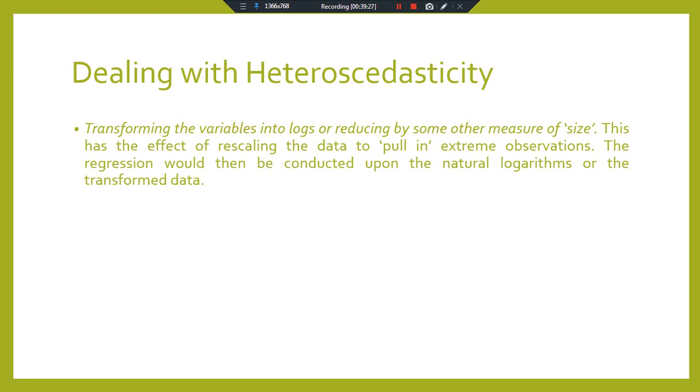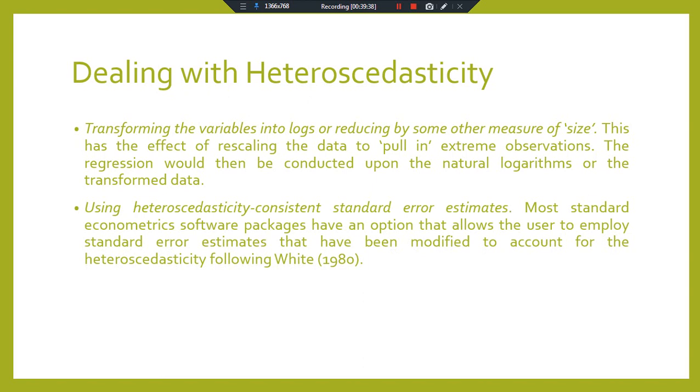If some observations are zero, some observations are negative, then log transformation is not possible to apply. So under this condition you have to use the heteroscedasticity consistent standard error estimate. Most standard econometric software packages like eViews have an option that allows the user to employ standard error estimates that have been modified to account for the heteroscedasticity following White.